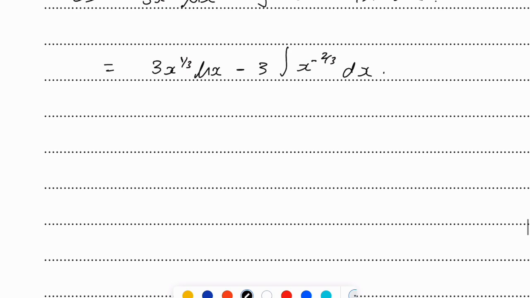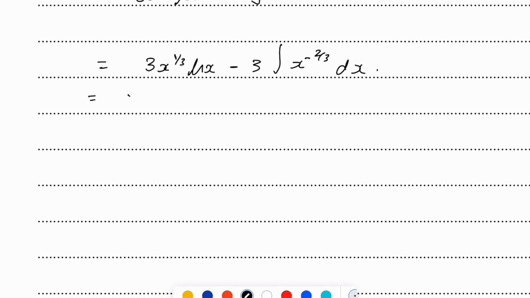And so from here we can say, well, 3x to the power of a third ln x minus 3, and then add 1 to the power, so we have plus 1 at the top, divided by a third, so we're going to get 3x to a third here.